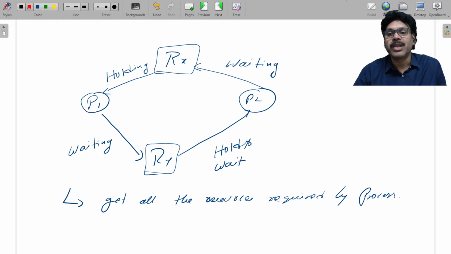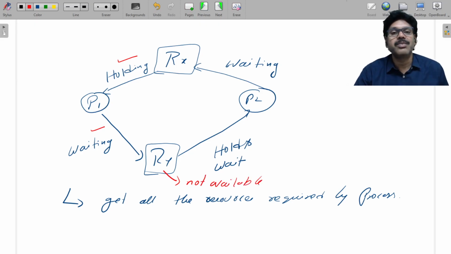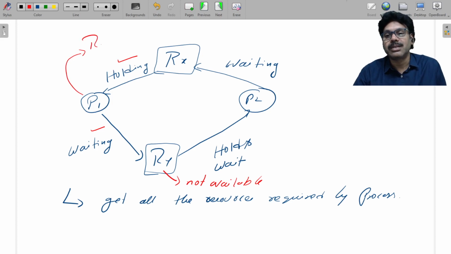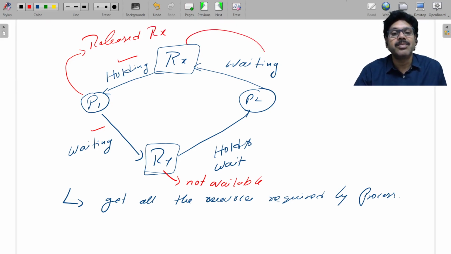How does it break it? You are holding a resource Rx and waiting for Ry, and as Ry is unavailable, your strategy becomes waiting. To dissatisfy hold and wait, if you are unable to acquire both resources, then release them. P1 releases Rx. When Rx is released, it can be given to P2, because P2 is asking.